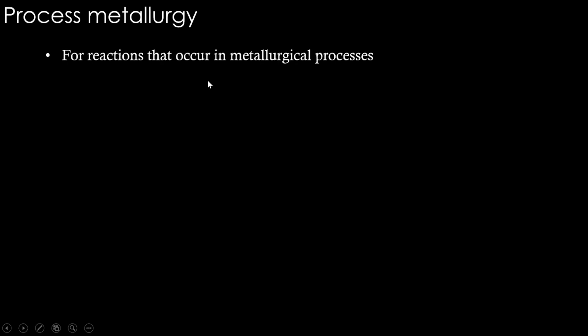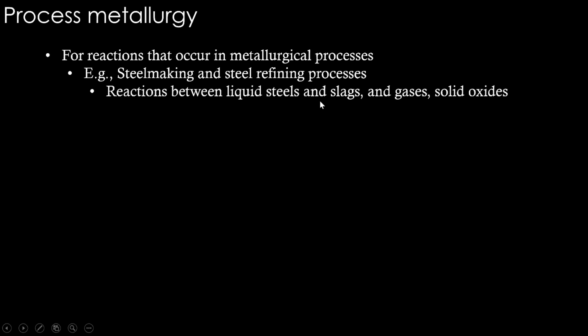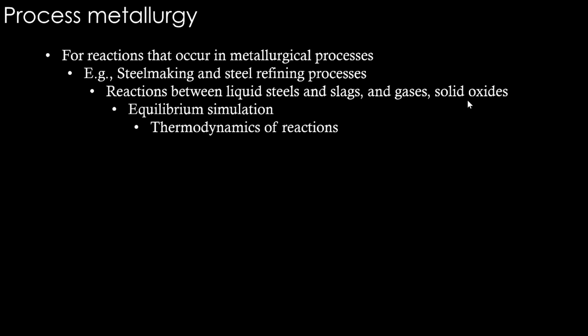CALPHAD is also applied in process metallurgy. This is for reactions that occur in metallurgical processes. For example, steelmaking and steel refining processes, where reactions between liquid steels and slags and gases and solid oxides happen. In this we have two things, that is equilibrium simulation, where the thermodynamics of these reactions are handled, and process simulation where reaction kinetics is involved.